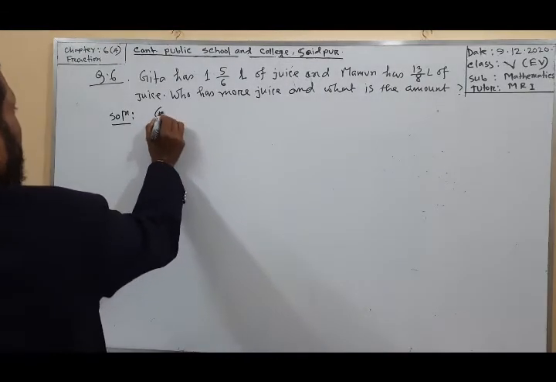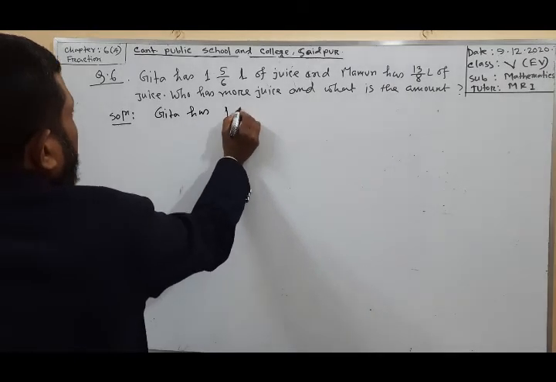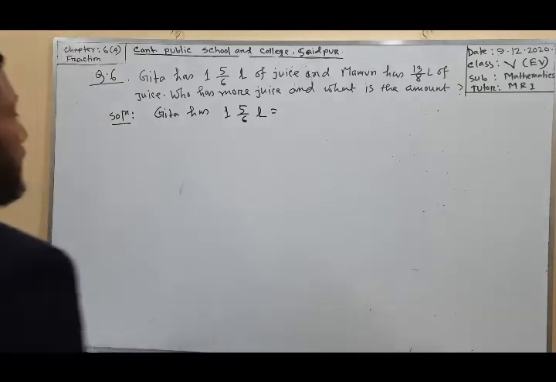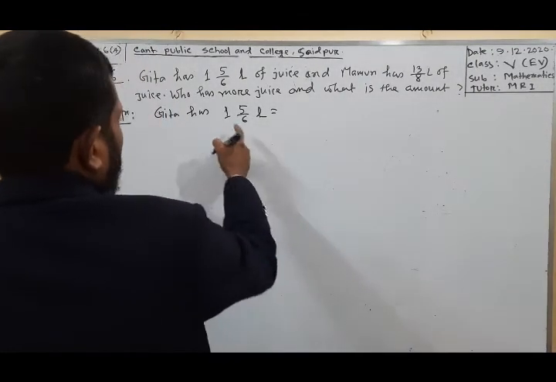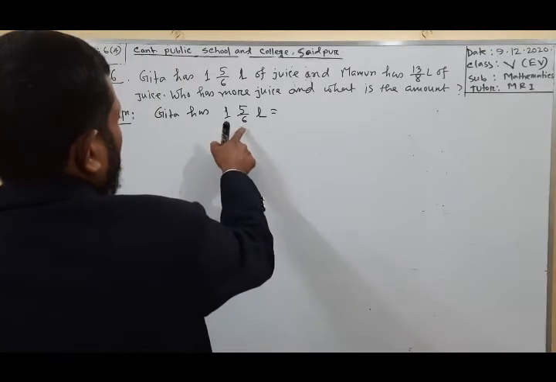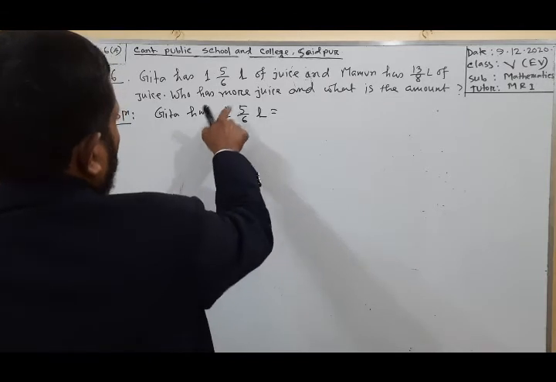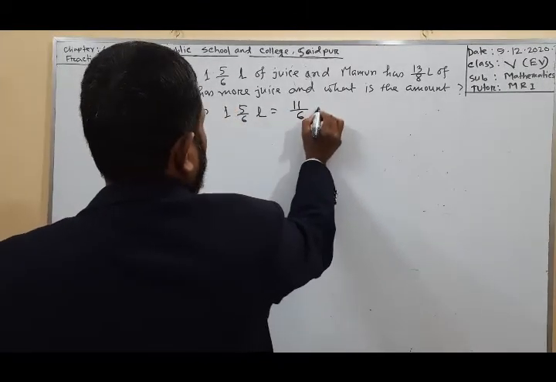Geeta has 1 integer 5 by 6 liter. This is a mixed fraction, so I'll convert it to an improper fraction. 6 times 1 will be 6, and add 5, 11 by 6 liter.